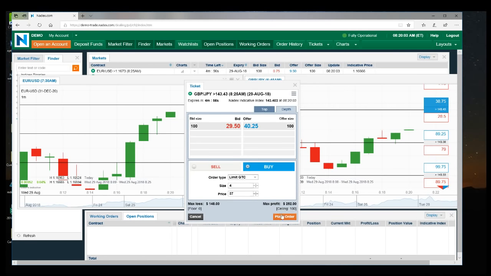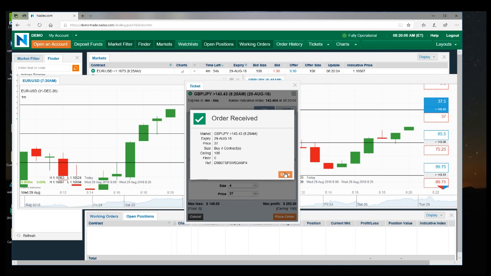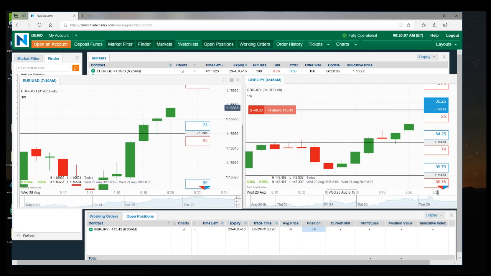Let's see if we can get in this one. Not sure that we can. There we go. Again, you still have that overhead resistance at 43, which is what I don't like about this.